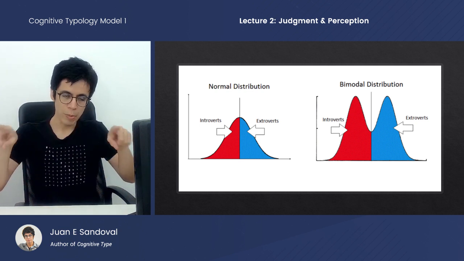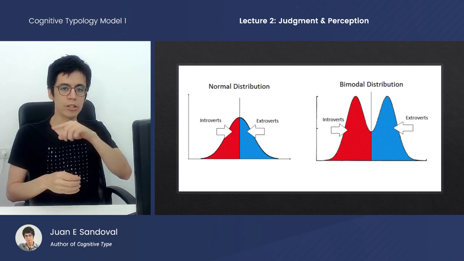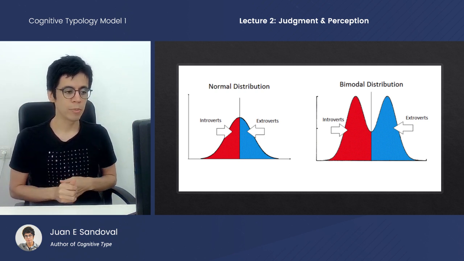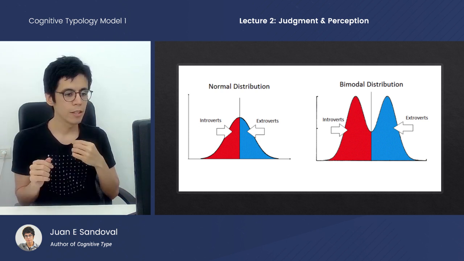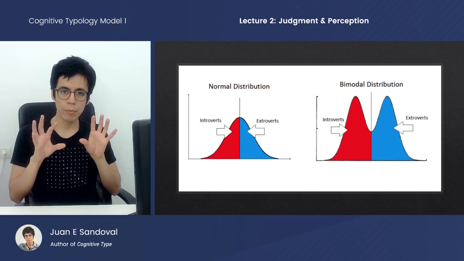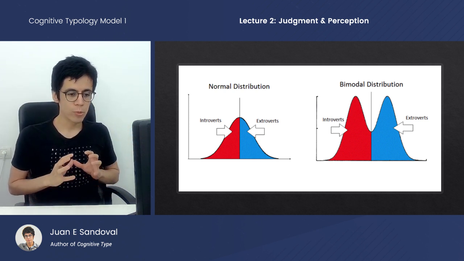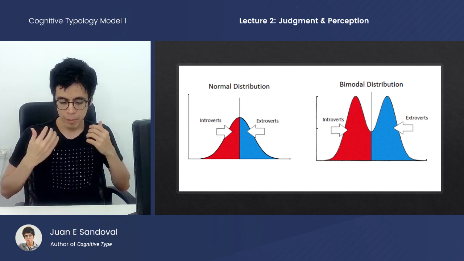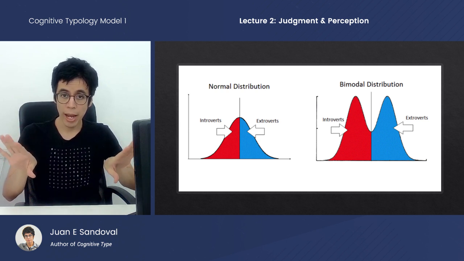You would see two spikes, what are called local maxima, and then a trough in the middle, suggesting it's more common to be one or the other rather than being in the middle. And that structure of being more likely to be either one or the other means that the two categories would be organically emergent in nature. It means that there's something maybe biologically innate about people that separates them into two camps.